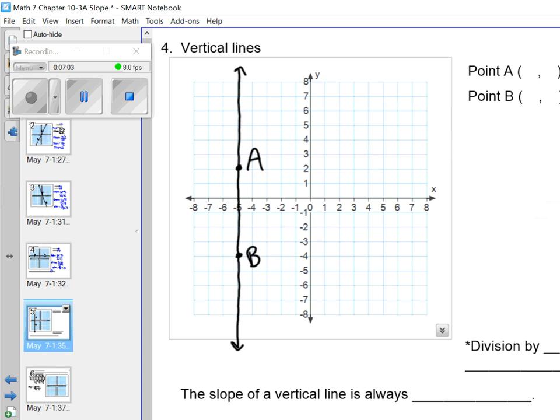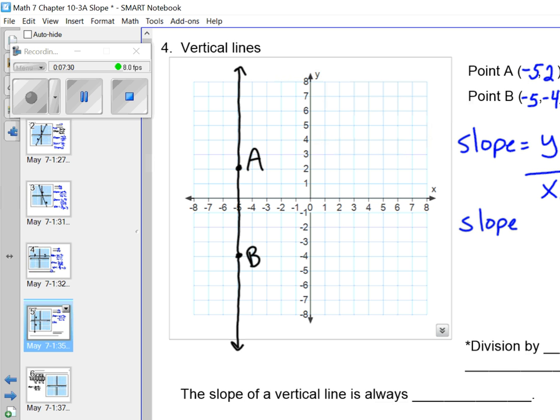But on the other hand, what happens when we have a vertical line, such as in example 4? Point A is at negative 5, 2, and point B is negative 5, negative 4. Again, my slope is y sub 2 minus y sub 1 over x sub 2 minus x sub 1.